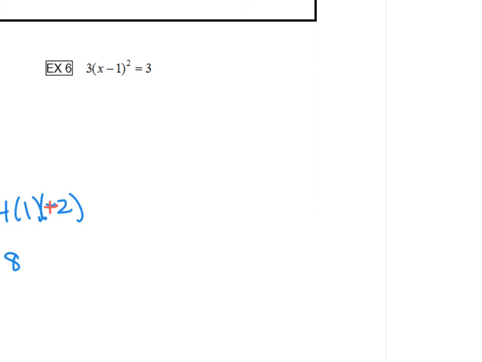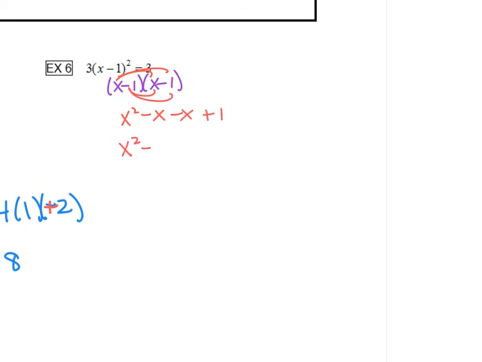Is this one in standard form ready for us to identify the a, b, and c? No, it is not. We're going to do some multiplying out. We're going to take care of the squared first. So x minus 1 squared means x minus 1 times x minus 1. You guys remember how to FOIL? X squared minus x plus 1.